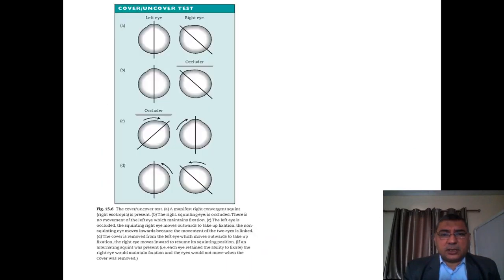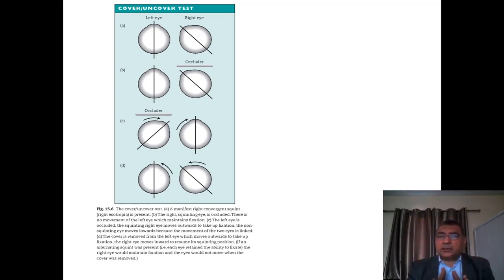So in these children with alternating esotropia or non-paralytic strabismus, we have to do different types of examinations. The first examination, as we said, is the ocular motility.